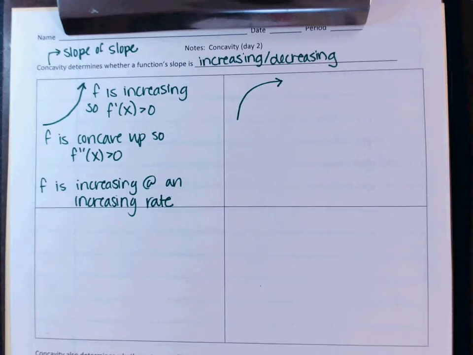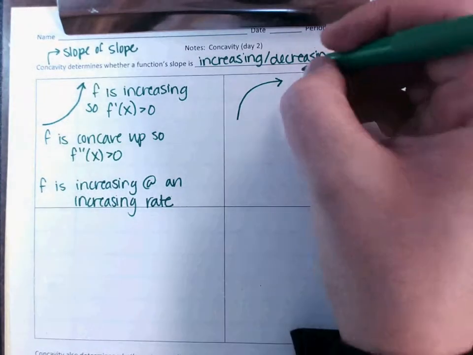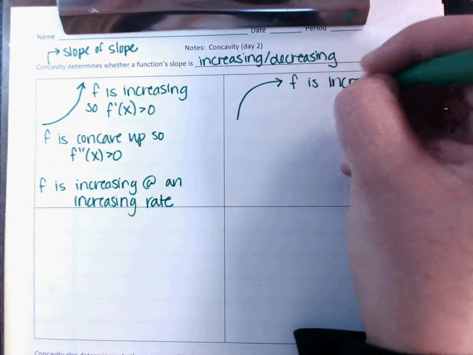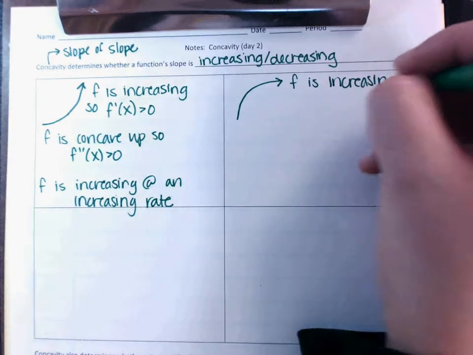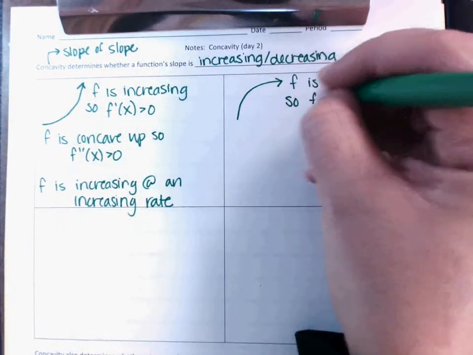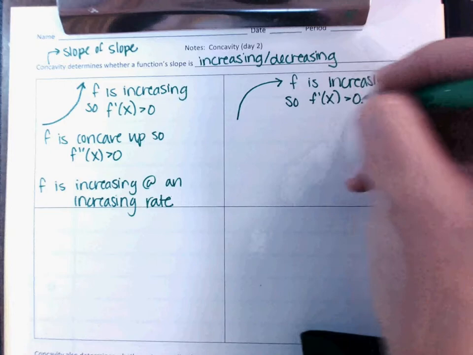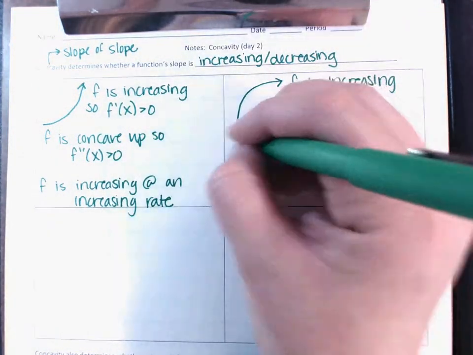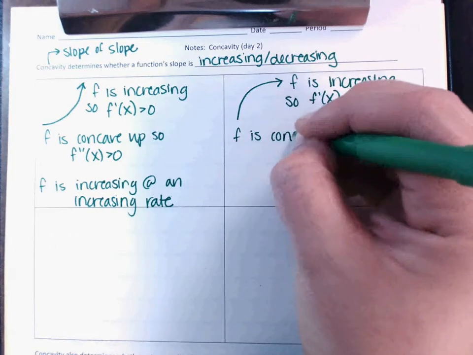Okay, now I want you to write those same two statements, but for the graph on the right side. What would change? F is what? Increasing or decreasing? Okay, what does that tell us? Okay, that f prime is greater than 0. But then look at your concavity on that little chunk. It's concave what? Concave down.